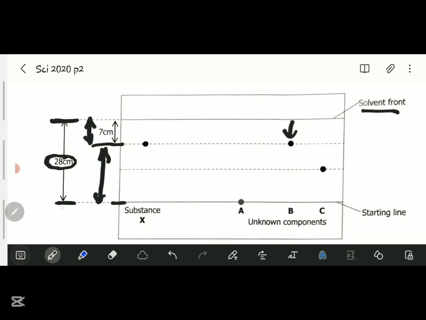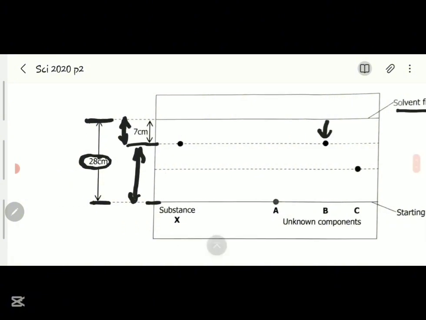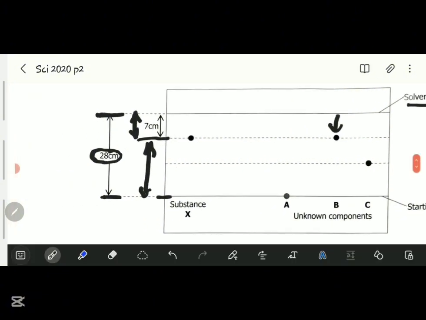To find the distance moved by B, we are going to say 28 minus 7. So 28 minus 7 is going to give us 21 centimeters.